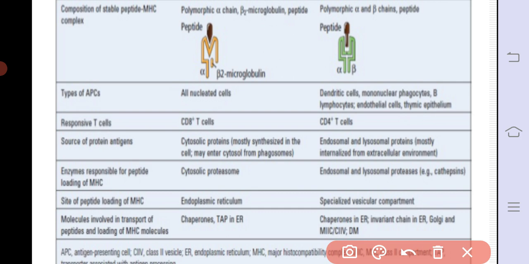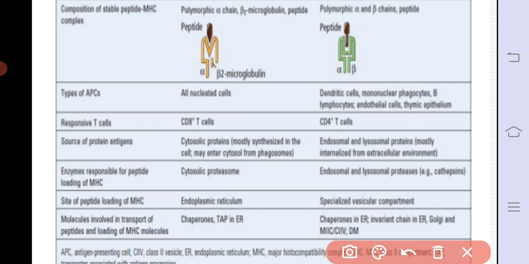The MHC class I molecule is expressed by all nucleated cells, and it is made up of an alpha and a beta chain. The alpha chain is made up of alpha 1, alpha 2 and alpha 3 domains, and the beta chain is a beta 2 microglobulin domain.